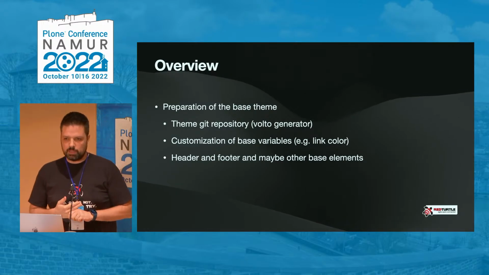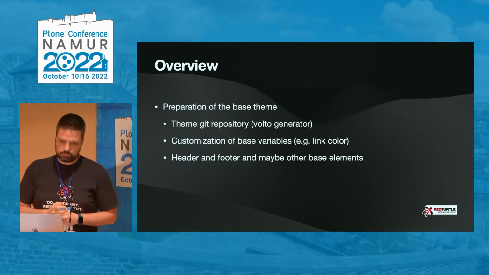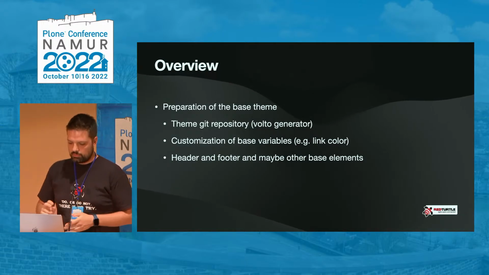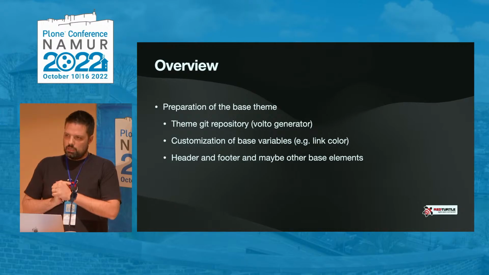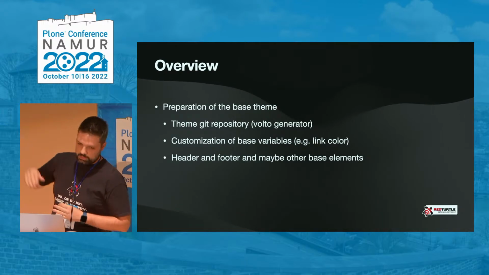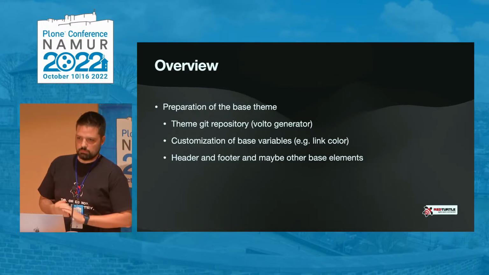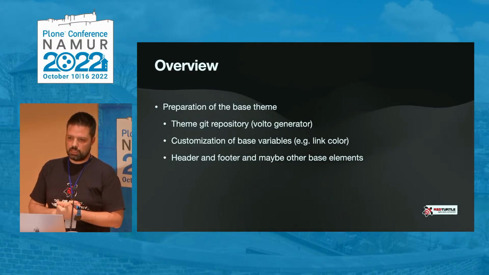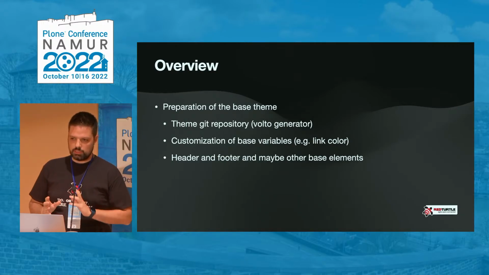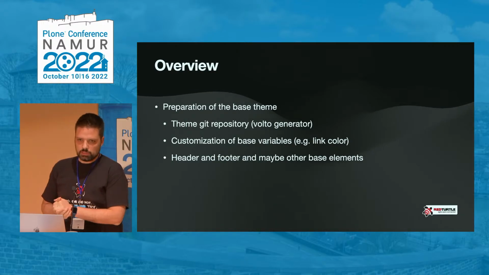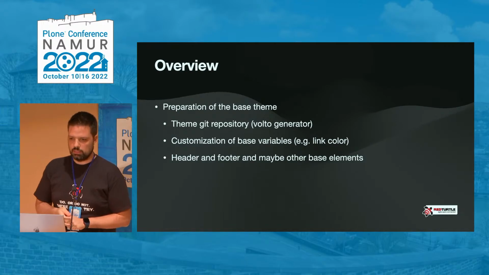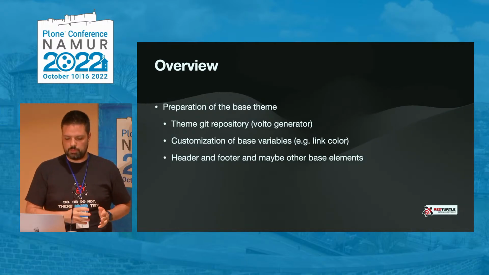Maybe you want to have buttons that look all the same throughout the site, you take that into consideration and stuff like that. If you develop all of this, you have a basic Volto theme that looks somewhat like its design, because you have a header, you have a footer, and you have basic Volto content and blocks. And that's a good starting point.